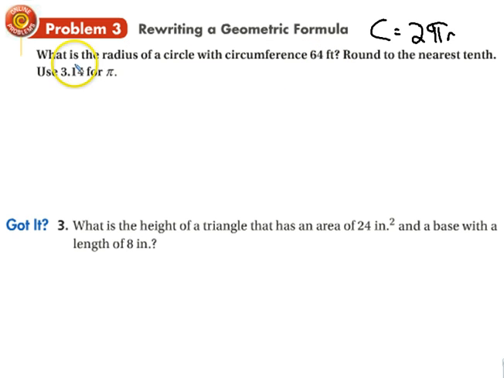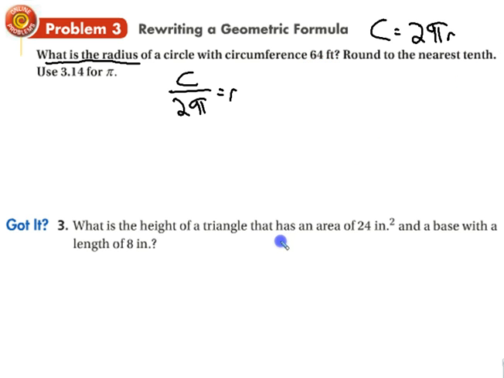The whole point is, what is the radius? So the first thing we want to do is solve this for r. So I'm going to divide both sides by 2 pi. So I get C over 2 pi is equal to r. Now I can plug in the 64 right here. 2 times 3.14, take 64 divided by that, and we get r, and it says round to the nearest tenth.